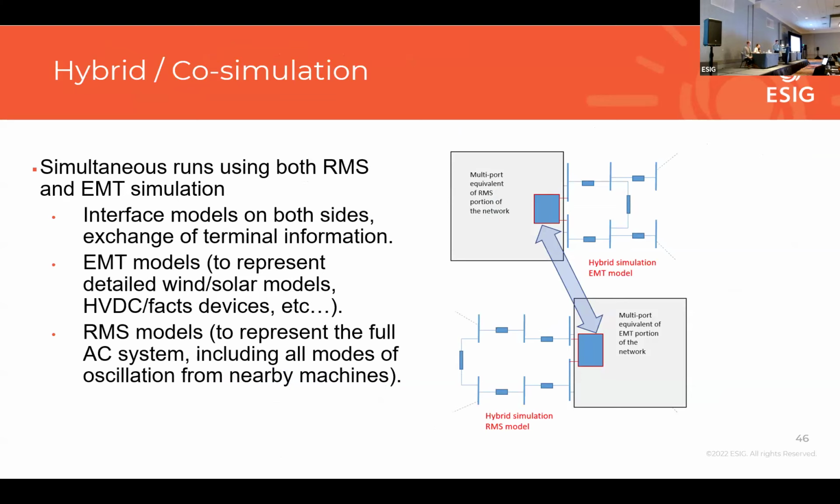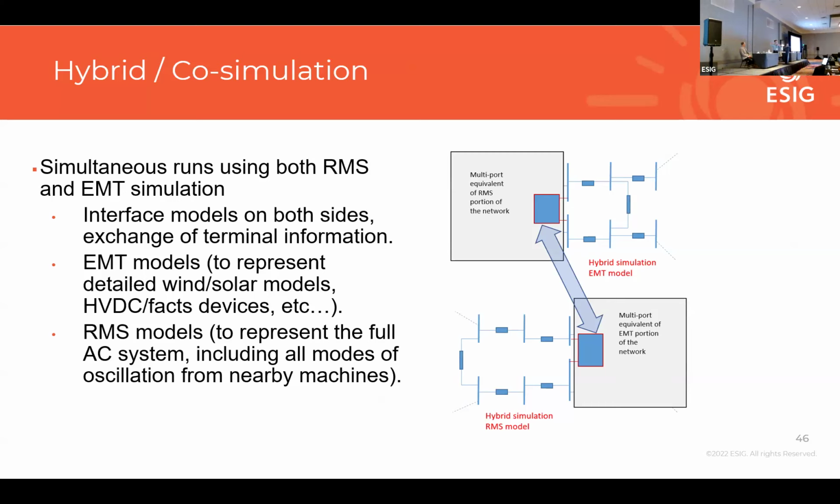So yeah, a couple slides on hybrid or co-simulation. I'm gonna cover this relatively fast, but essentially it's a mechanism that allows you to run an EMT simulation and an RMS or phasor domain simulation simultaneously. In the EMT simulation, your external system is modeled with a network equivalent.